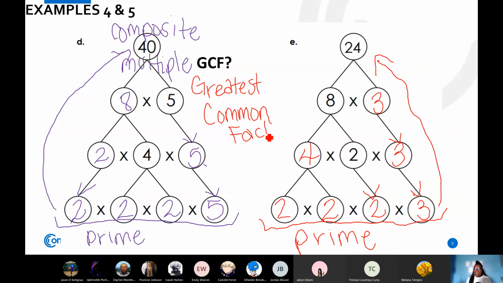And it means exactly what it says. What's the largest factor that both 24 and 40 have in common? On this tree, what's the largest factor that they both have in common?